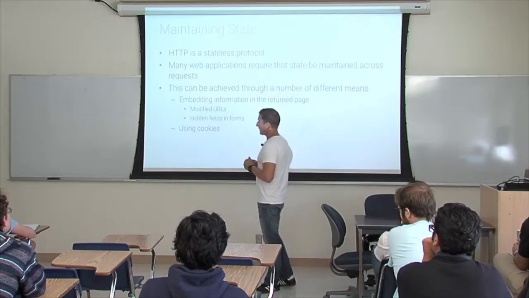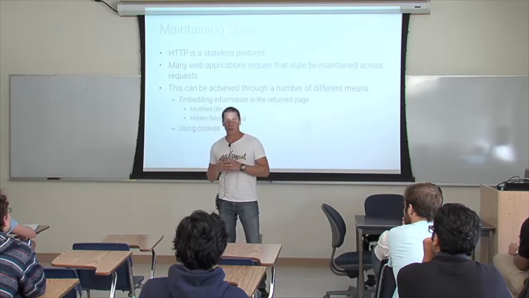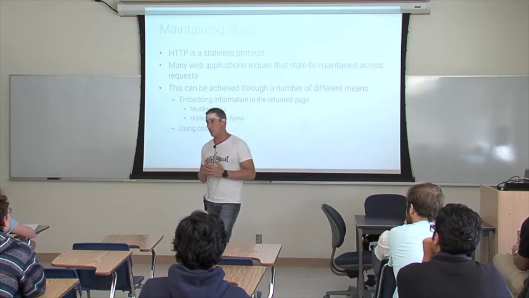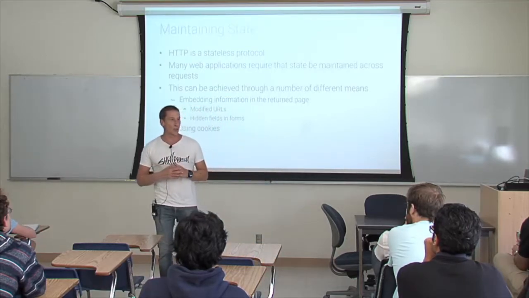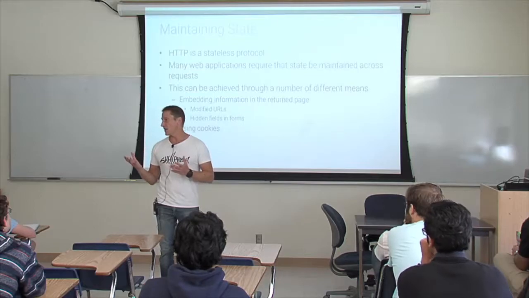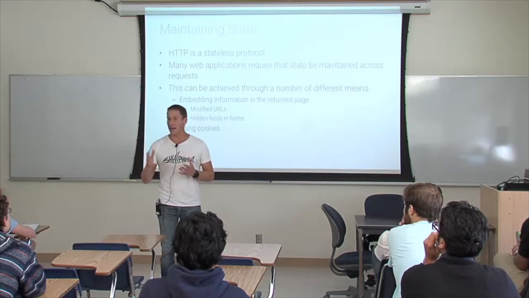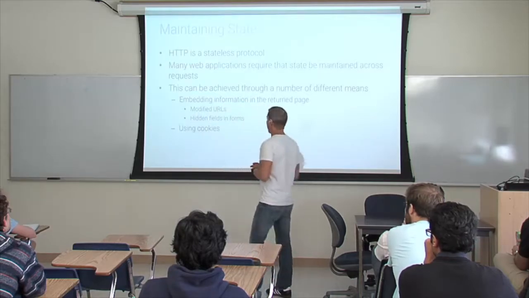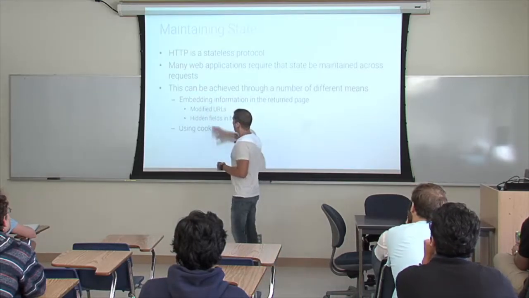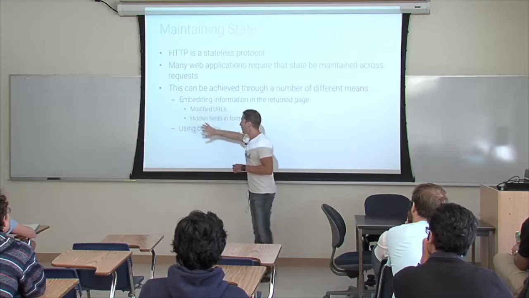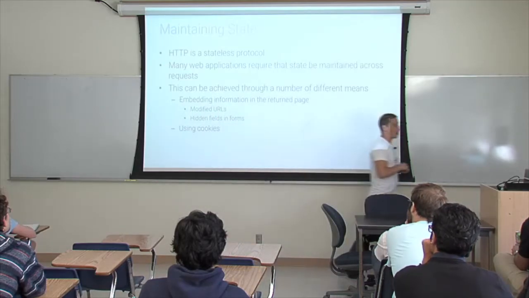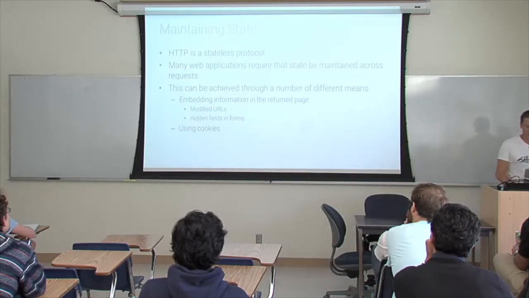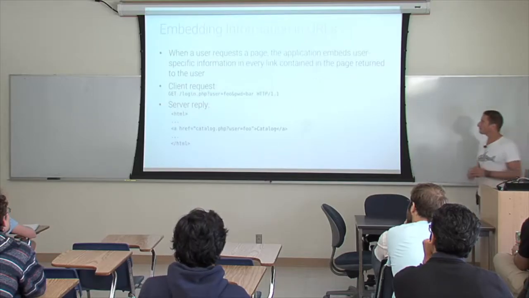And historically, it has been done in a number of ways. Some of them were good ideas, some of them dumb, as we will see in a second. But the basic idea is that somebody wants to know that you are the same person that came 3 or 4 requests before. As we will see, you can do this in a number of ways. You can modify the URL, you can use hidden forms, but nowadays, fundamentally, it's done with sessions and cookies.